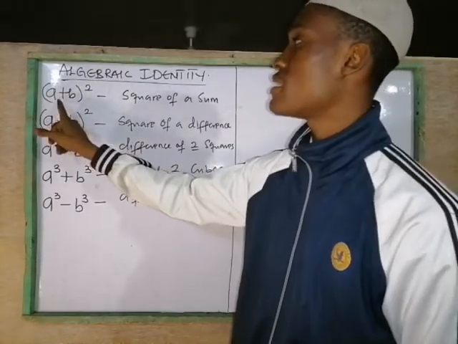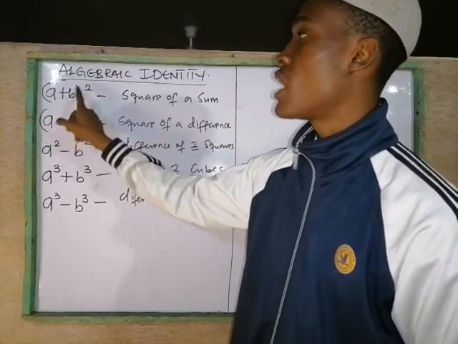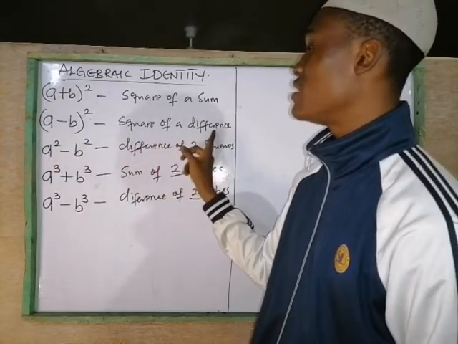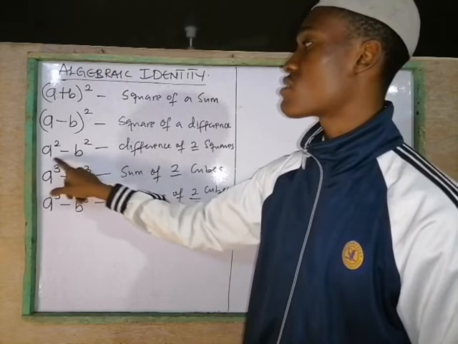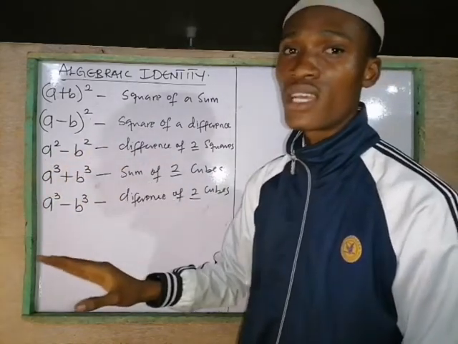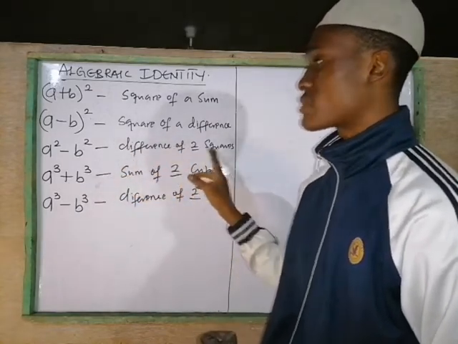Now the first identity is square of a sum. You can see we have a sum and we have its square. This second identity, square of a difference. We have a difference and we have the square. This third identity, a^2 - b^2, is so common and it is unique. It is difference of two squares.